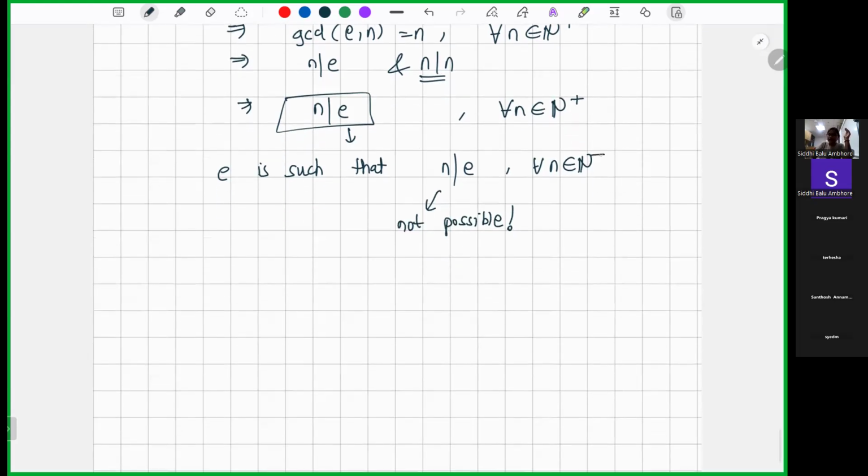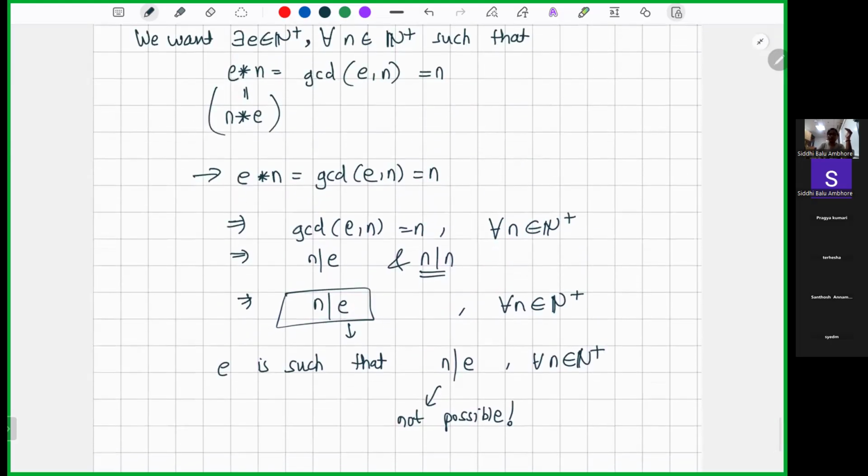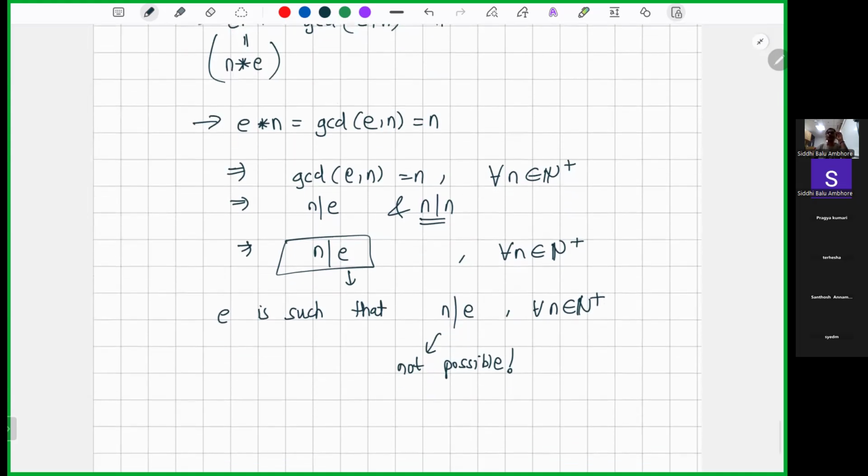Since the identity does not exist, we can't talk about inverse, because how would you start with an inverse?